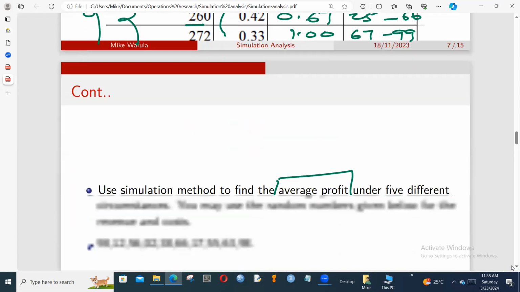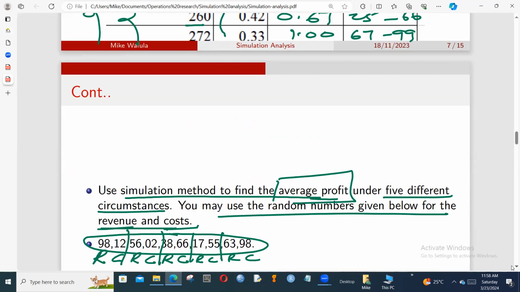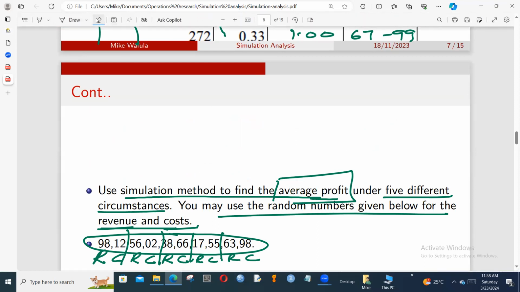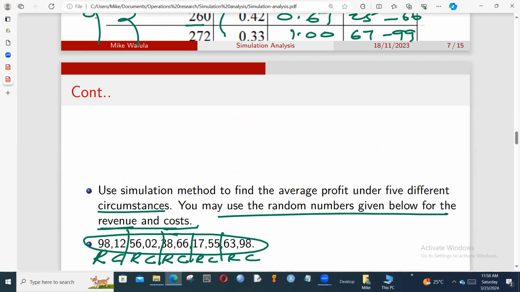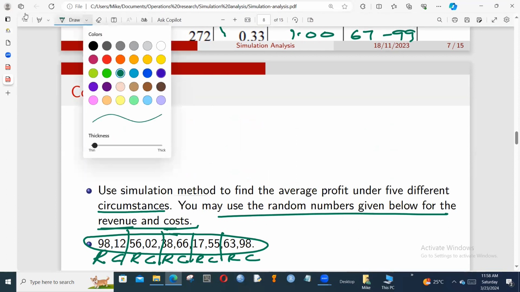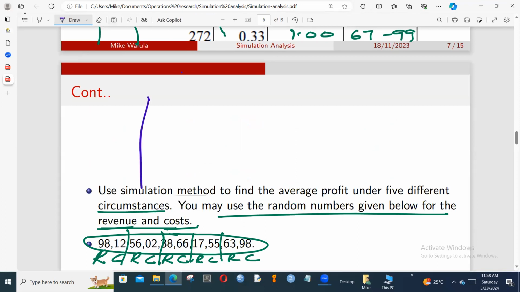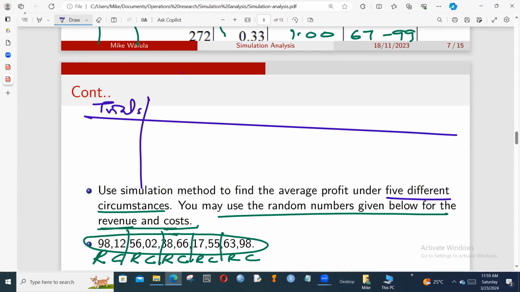Good. So if that's okay, now we need to create a working sheet. Now the working sheet will be in this format. A working sheet should have those columns. You'll have the trials. In this case, we are talking of 5 different trials or circumstances. So just number them 1, 2, 3, 4, 5. And then you now have the random number for which variable? The first variable is revenue.